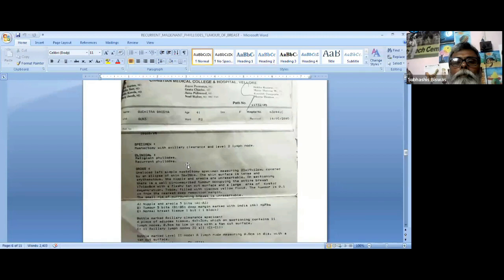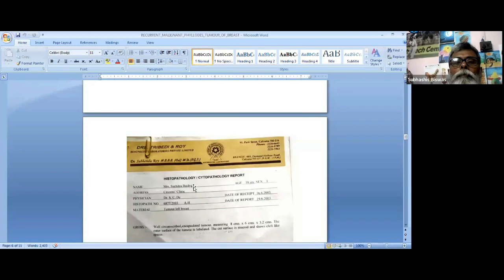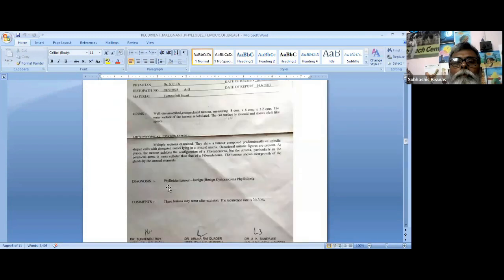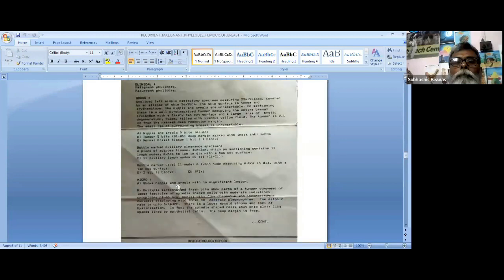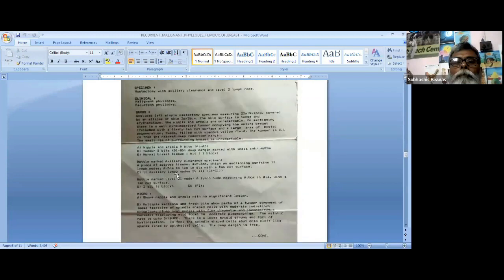After 2003, once it was operated, at that time it was benign in nature, and the biopsy clearly showed benign the first time. You can see phyllodes tumor, benign cystosarcoma phyllodes. In 2005, it becomes a malignant one.